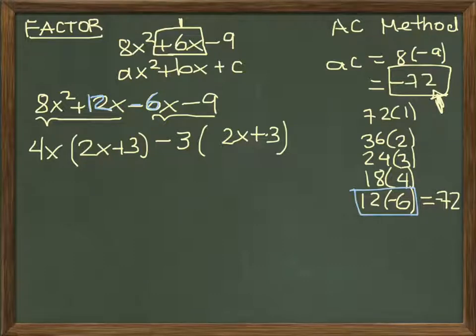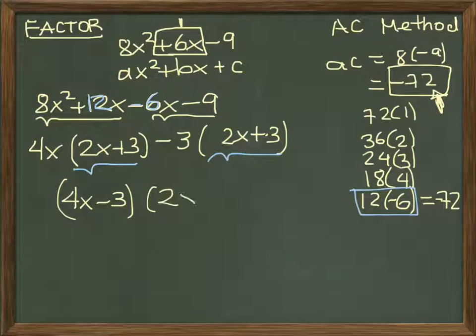That way, this factor 2x plus 3 is the same as that factor 2x plus 3. So this works. My complete factorization is 4x minus 3 as my first factor, and 2x plus 3 as my other factor.